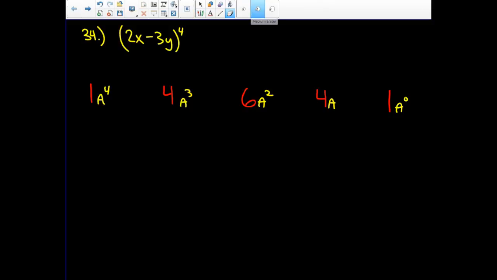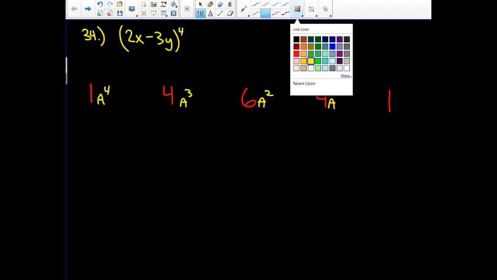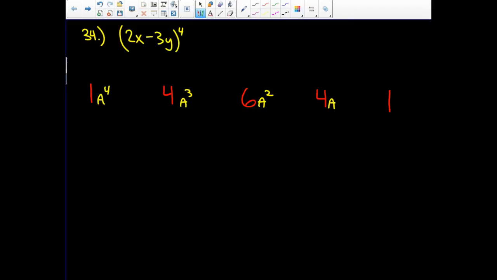But nobody writes a to the 0, so we'll just erase that. And then from the right side to the left, that becomes b to the 4th, b to the 3rd, and that just descends as well, b to the 2nd, b, and then there's no b in that term.